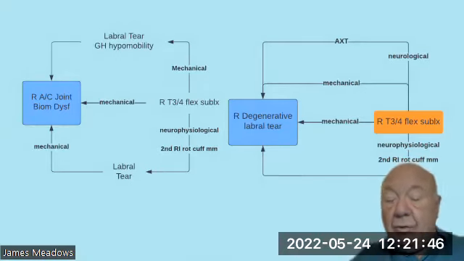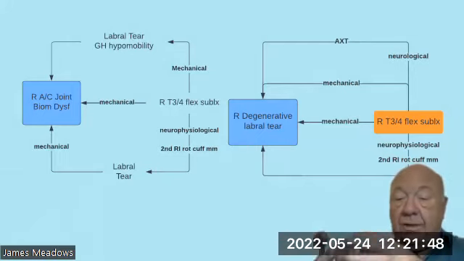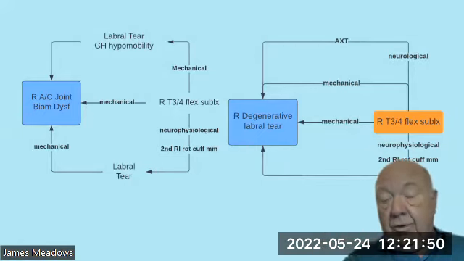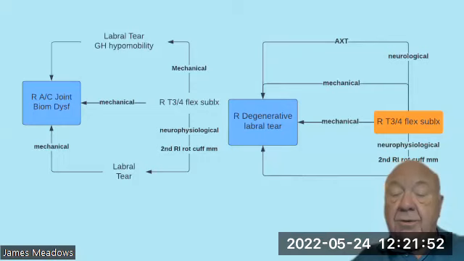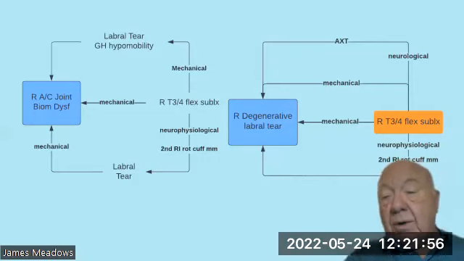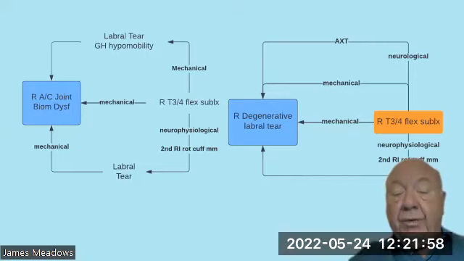And between the two, the mechanical causes from the direct force of not being able to elevate because of the subluxation, but also the mechanical forces from the AC joint being disrupted, will then accelerate what's happening at the labral tear.